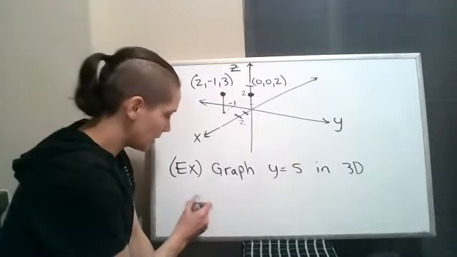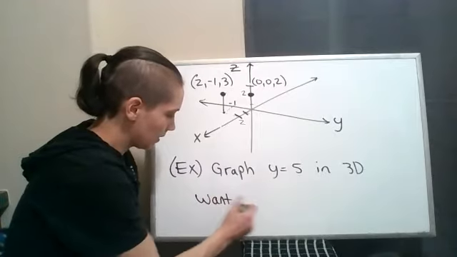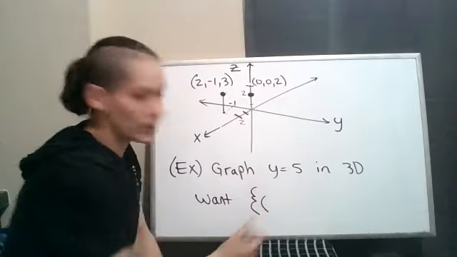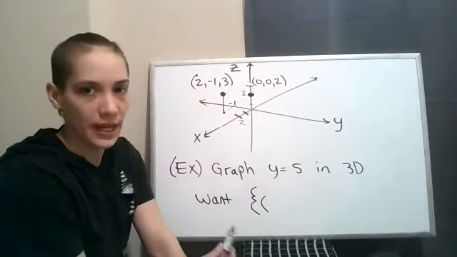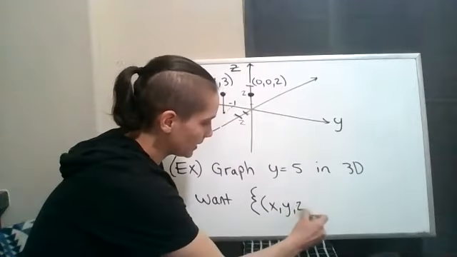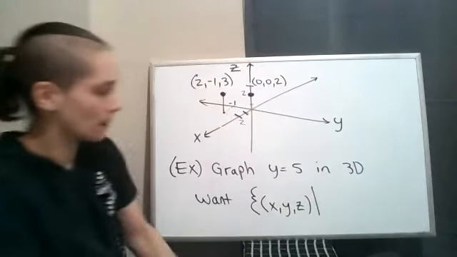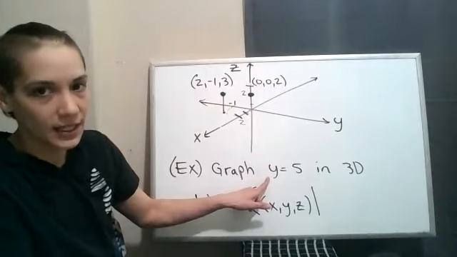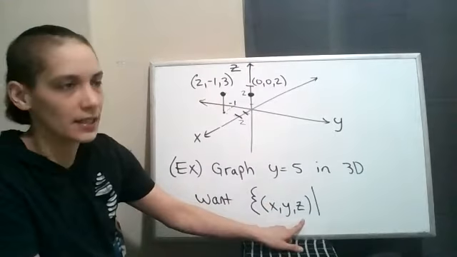So we need the set of all pairs, or not pairs, triplets, like x, y, z, all ordered x, y, z such that y has to be 5, x is any number, z is any number.